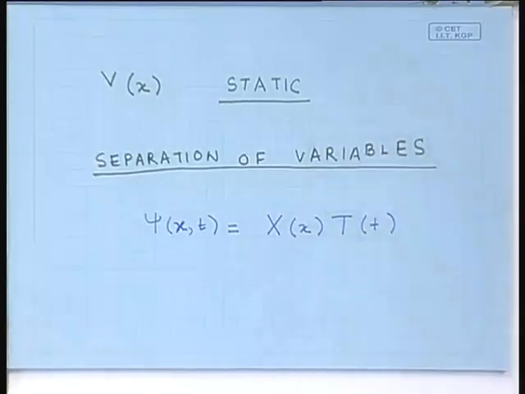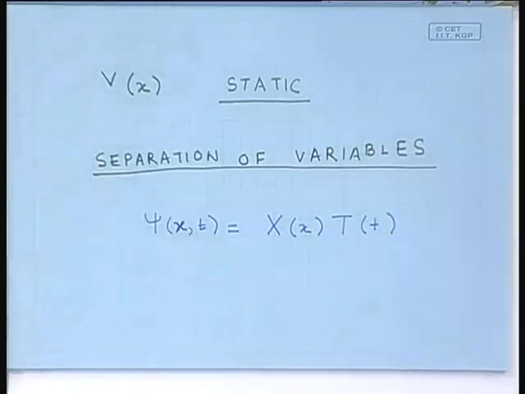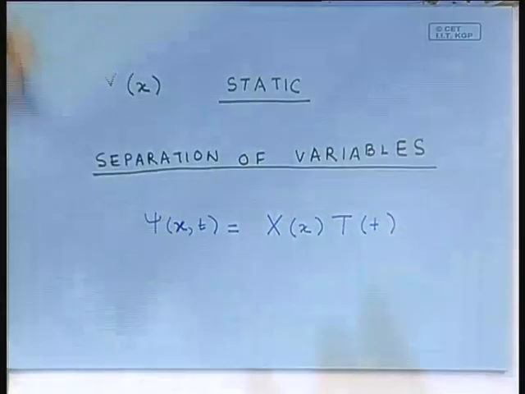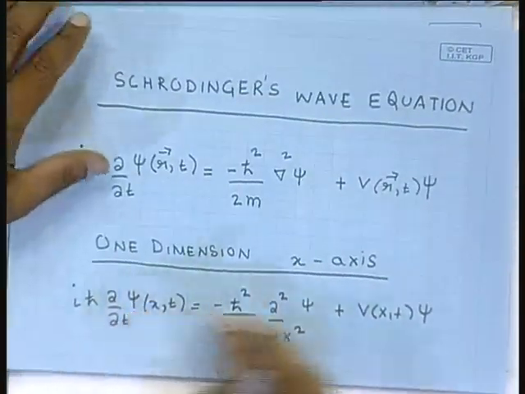So, we will take a trial solution like this. Recollect that this is the method of separation of variables. So, we are going to put a trial solution like this into our wave equation.